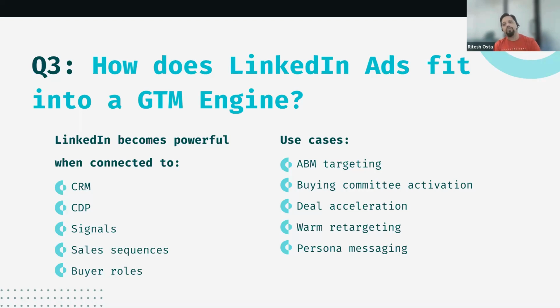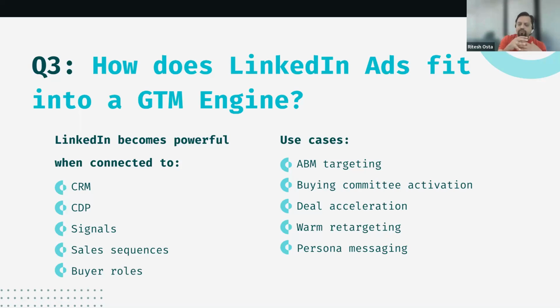Also, LinkedIn can run ads for you as customer match ads using the bridge ads technique, and you can target super-targeted buyer roles and ICPs. The use cases are ABM targeting, account-based targeting, buyer committee activation, deal acceleration, warm retargeting, persona messaging. These are the use cases typically that you can use LinkedIn ads for on top of a GTM engine.